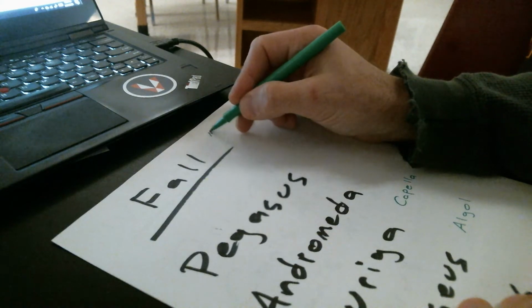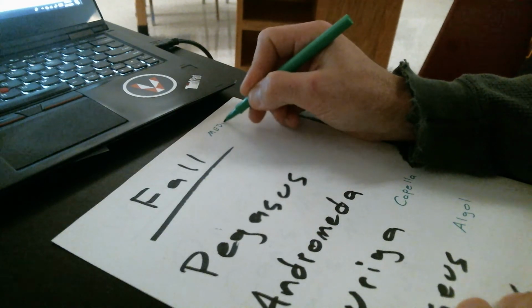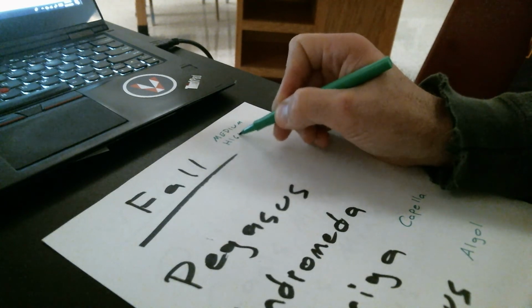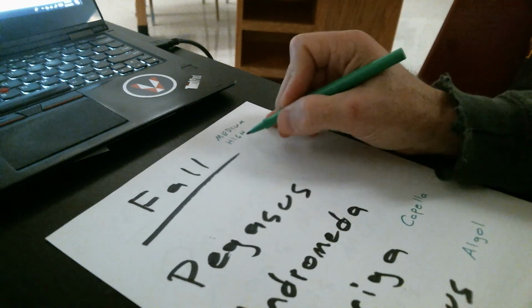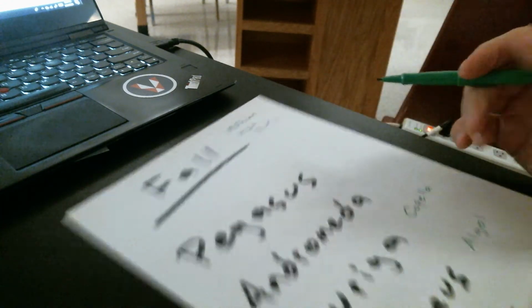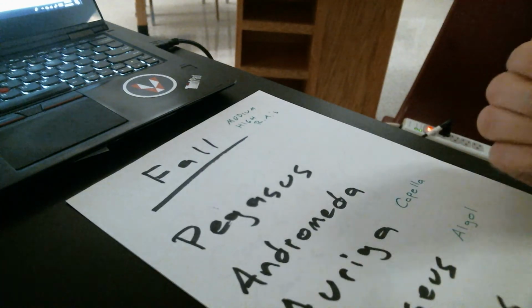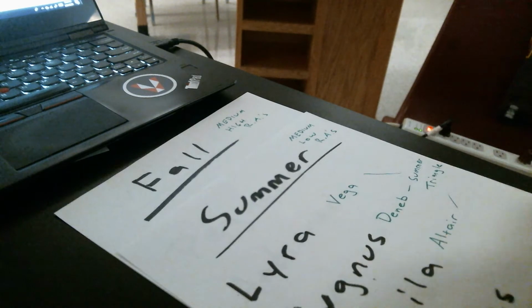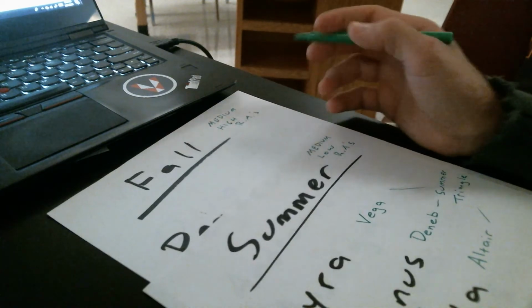The fall ones then have what I would call the medium high right ascensions. Okay, so the ones that were in the summer, we went right ascensions, say from 6-ish to 12. So I'll say these.